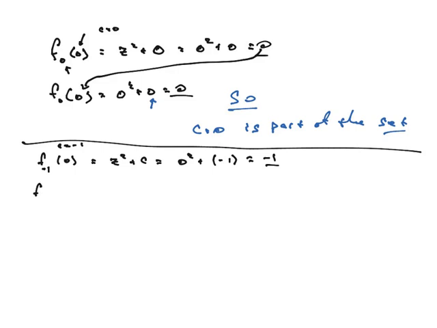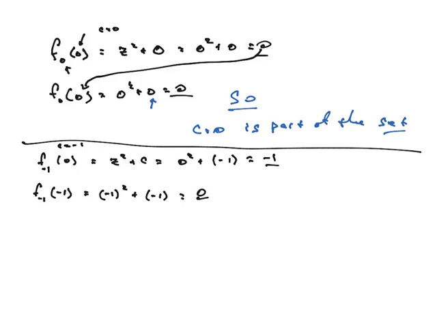Okay, now we iterate from -1. So now we have -1 squared plus -1. -1 squared is 1, plus -1 is 0.